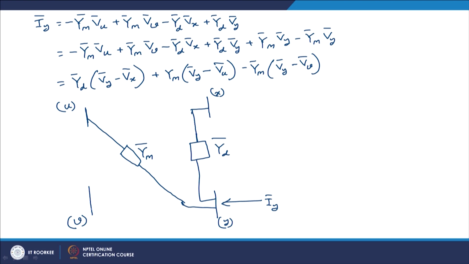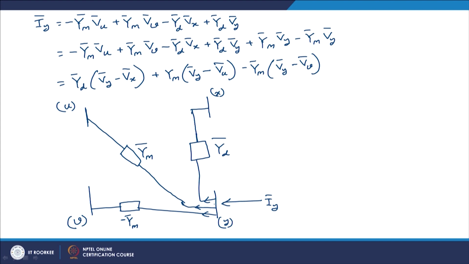So this injected current is equal to this current plus this current plus this current if I apply KCL. First current is Yd into Vy minus Vx, second current is Ym into Vy minus Vu, and third current is minus Ym into Vy minus Vv. So we have got 4 equivalent circuits, and now we have to club them together to get the final equivalent circuit.